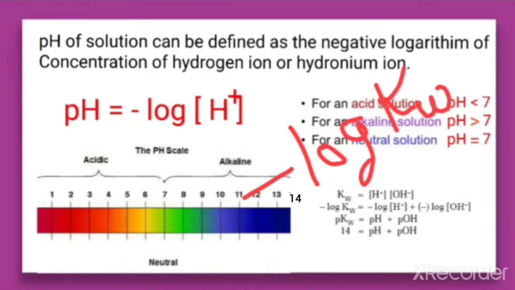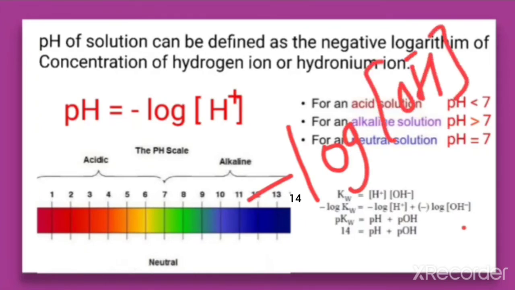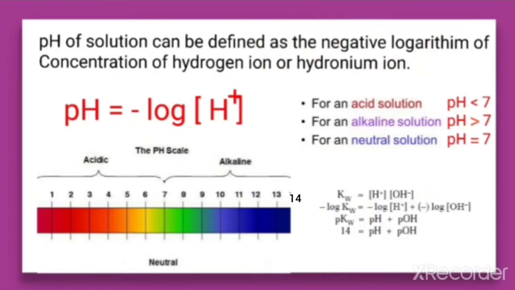Minus log of Kw, that we can write as pKw. Minus log of OH negative can be written as pOH.